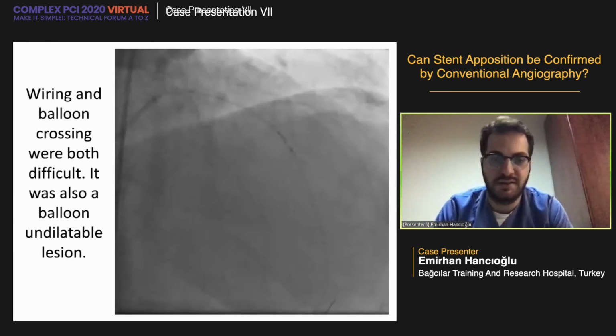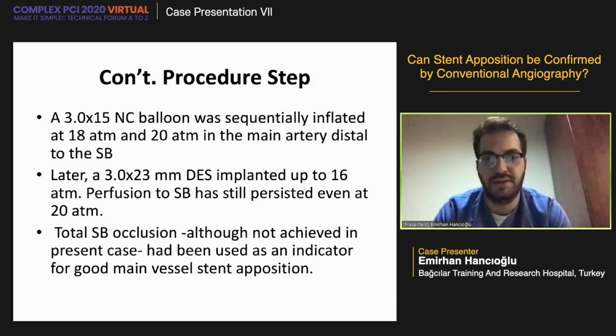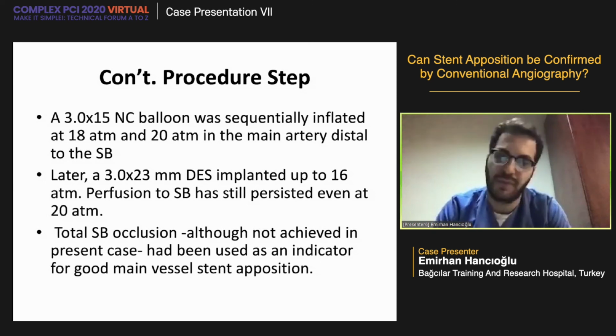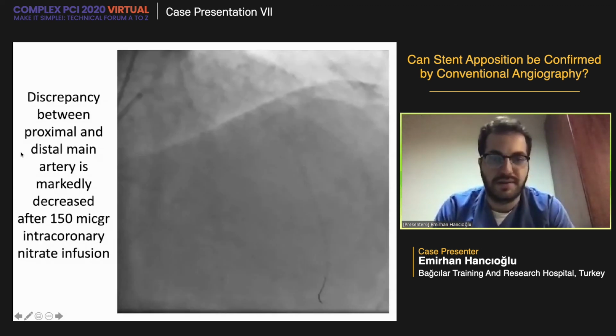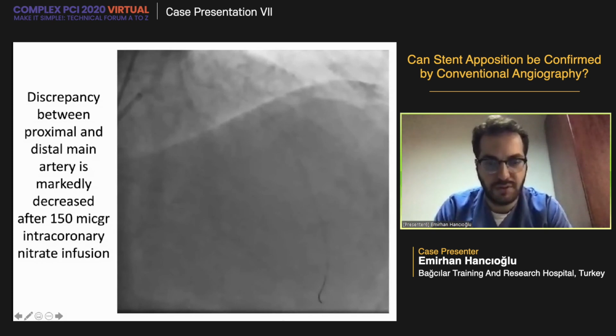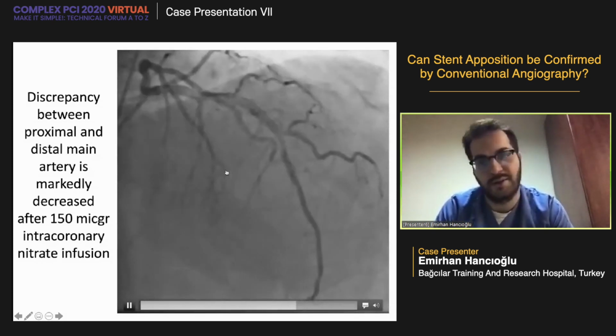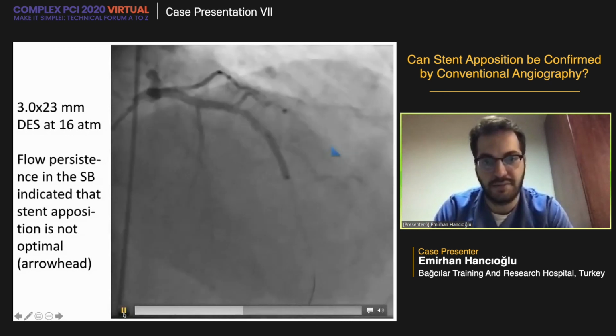Then we used an NC balloon to inflate the lesion at 20 atm. And we picked a 3.0 stent, and you can see here. We implanted the stent at 16 atm.